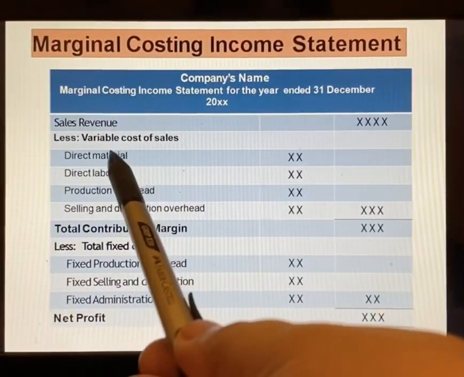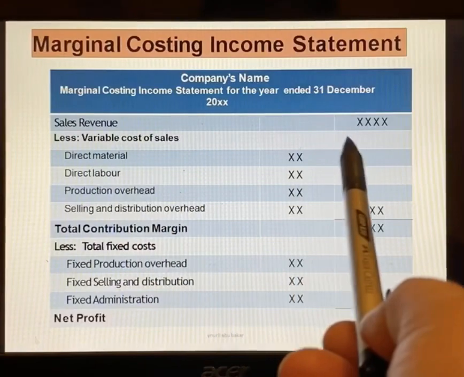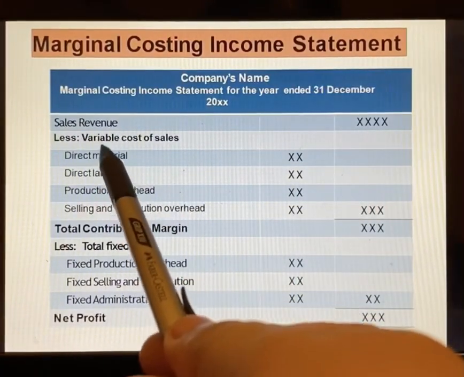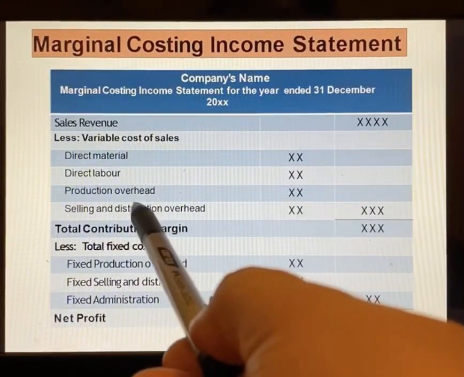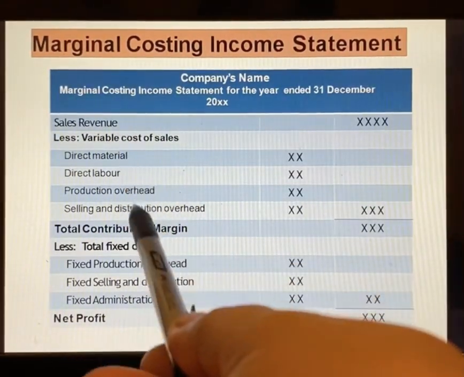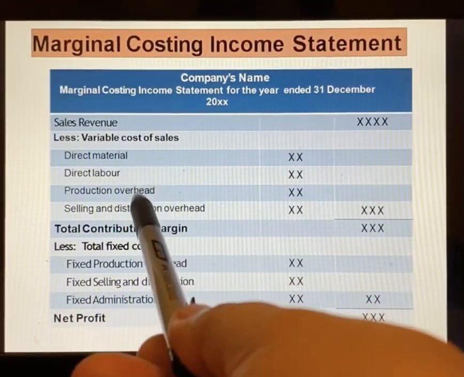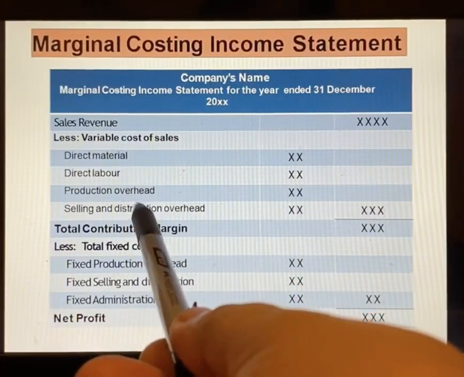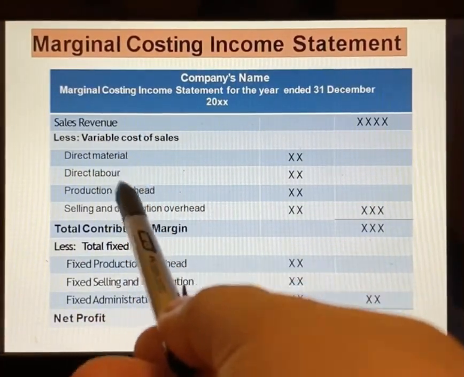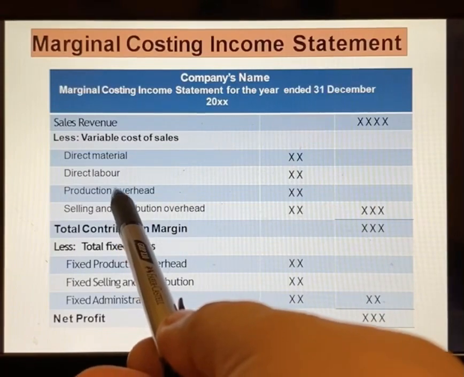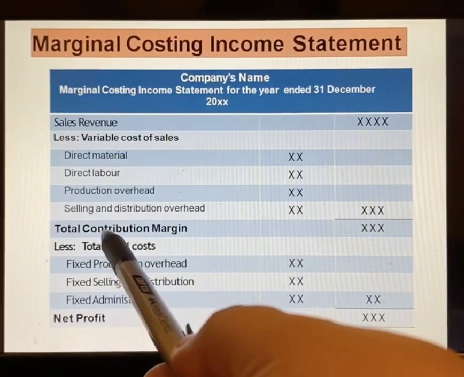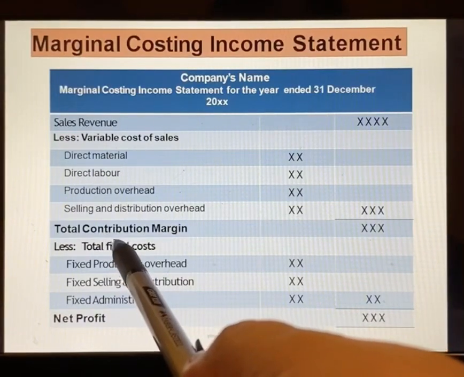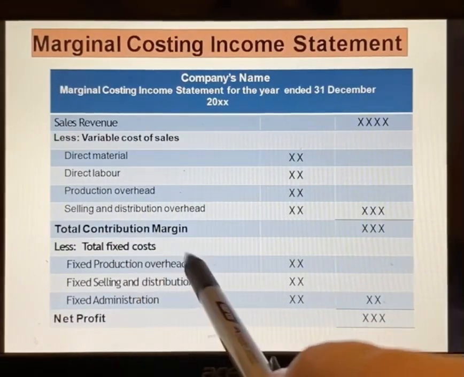And the first item is the sales revenue less the variable cost of sales. So all the variable items are listed under this variable cost of sales. It could be the direct materials, the direct labor, the production overhead, and the selling and distribution overhead.